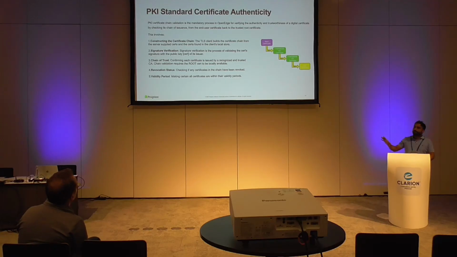This is the mandatory process in OpenEdge, so you can't bypass it. Whenever you want to use TLS, you need to have some certificate to complete this PKI cert chain validation. After this step, we know the certificate it received is a genuine certificate.